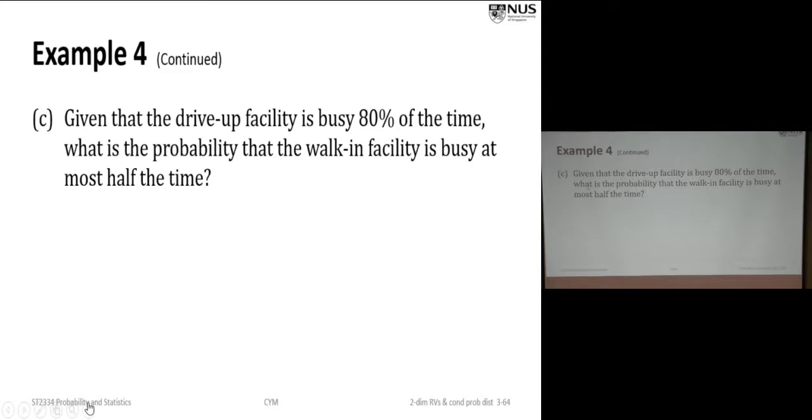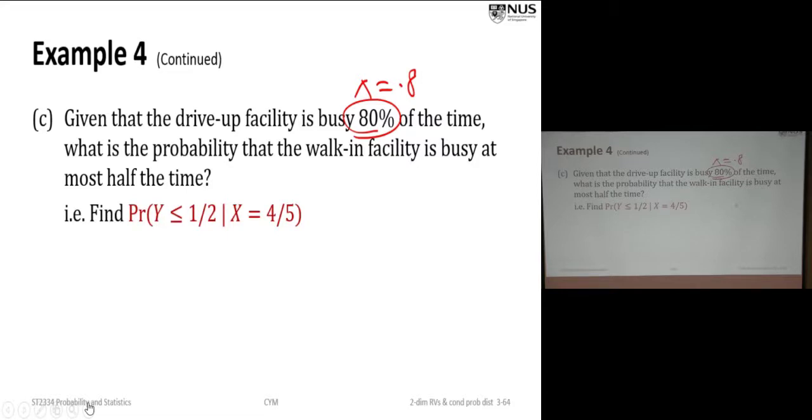Then the third question: given that the drive-up facility is busy 80% of the time, what's the probability that the walk-up facility is busy at most half of the time? Now this one is concerned with x equal to 0.8. Then what happened to the y?